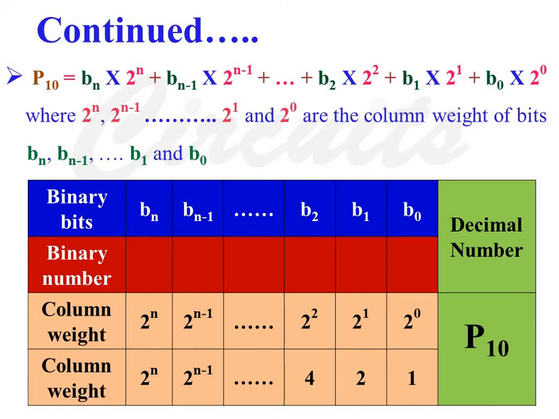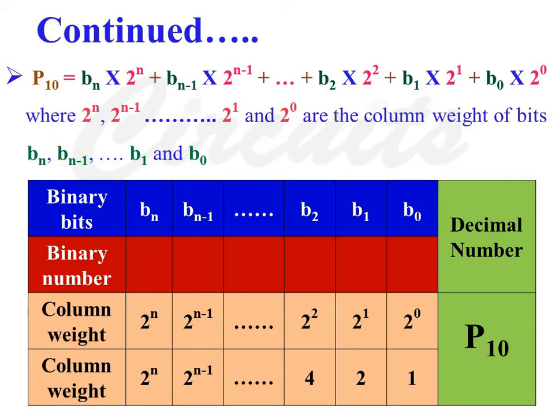So the decimal number P can be written as P is equal to Bn into 2 raised to n plus Bn-1 into 2 raised to n-1 plus etc. plus B2 into 2 squared plus B1 into 2 raised to 1 plus B0 into 2 raised to 0, where 2 raised to n, 2 raised to n-1, etc., 2 raised to 1 and 2 raised to 0 are the column weights of the bits Bn, Bn-1, etc., B1 and B0 respectively.